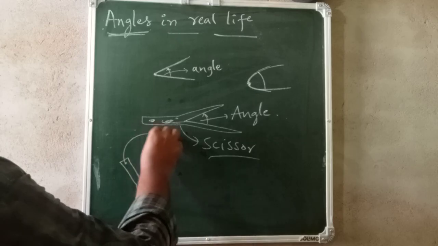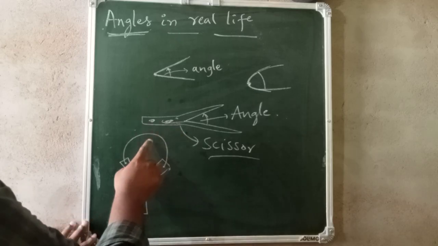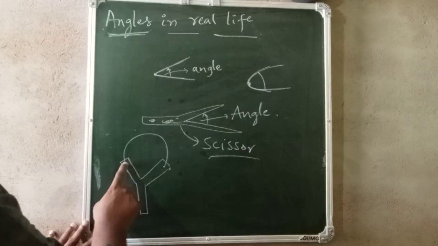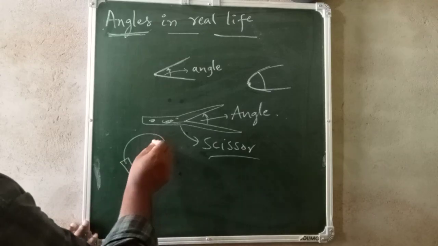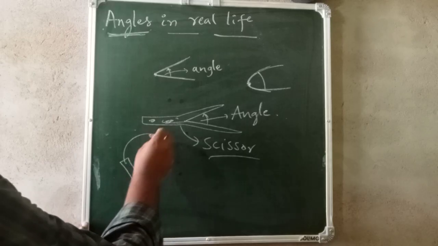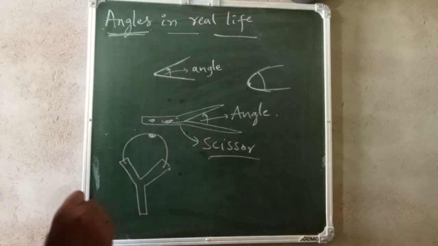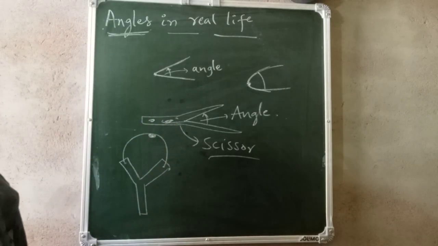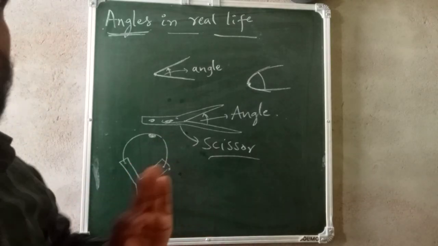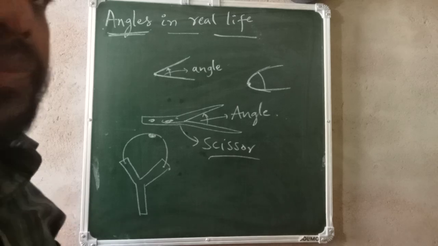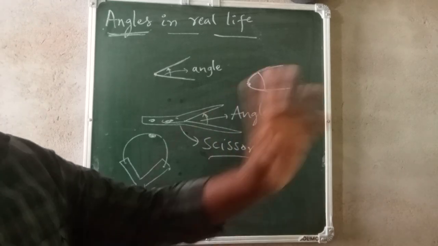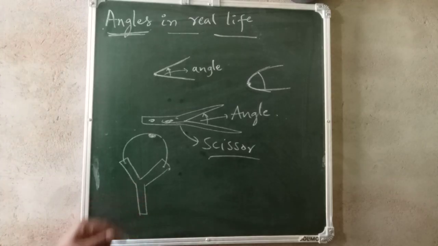So there is a thread kind of thing that will be connected to this and this. And here they will keep a stone. They will keep the stone and they will drag this thread, pull this and just leave, and the stone will go and hit something. If you want to send a small stone to far places, so this is a catapult.